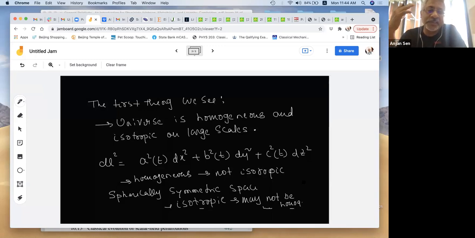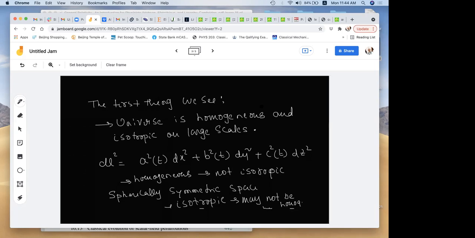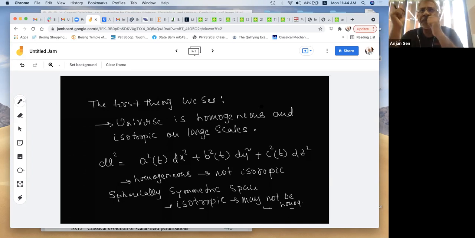So if homogeneity is ensured in the universe, that doesn't mean isotropy is automatically ensured. Similarly, if isotropy is ensured, that doesn't mean homogeneity is automatically ensured. But what one can actually show, and I will not go through all the geometry, is that if there is isotropy around any two points, then homogeneity is ensured.